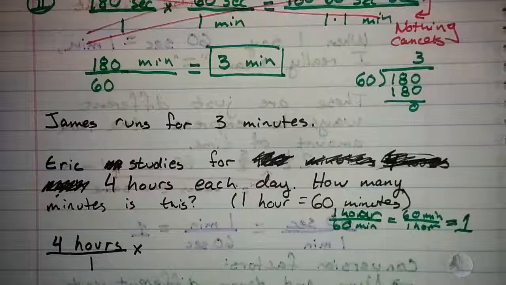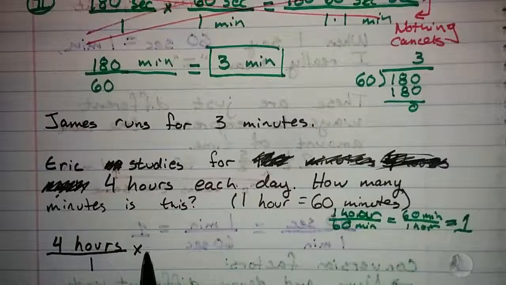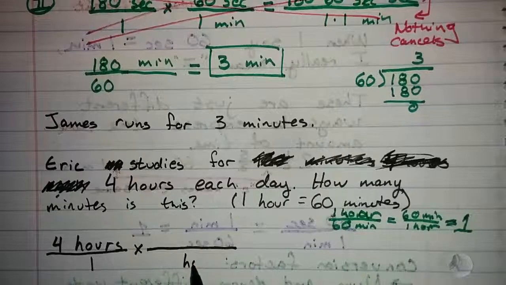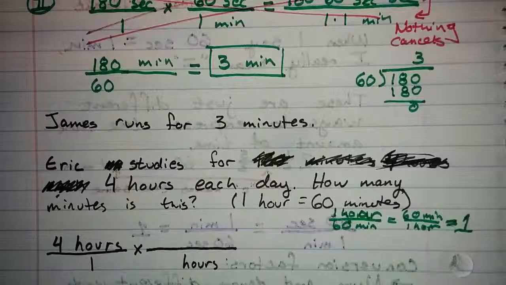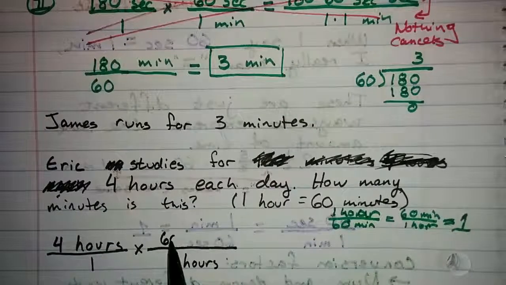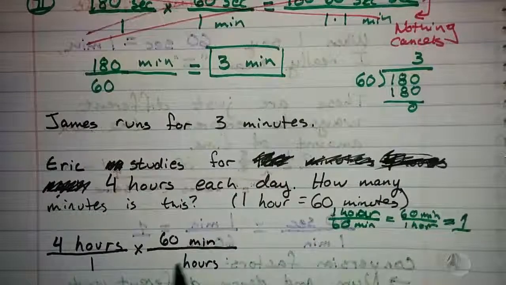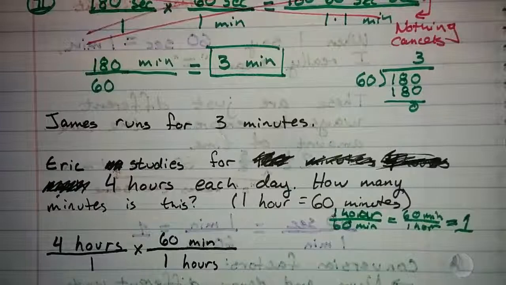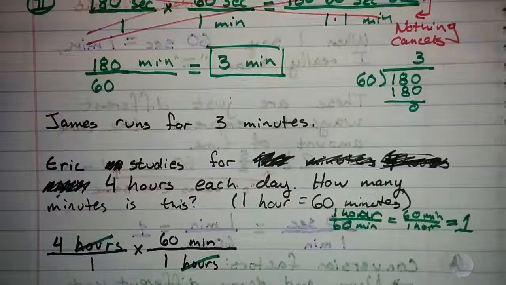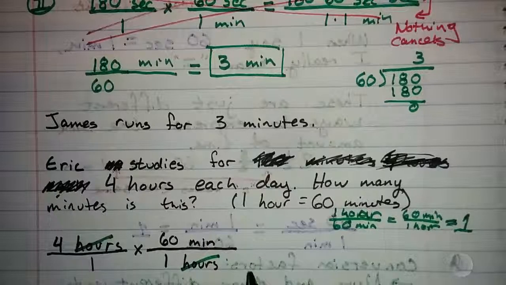Well, we would like, after we multiply, for hours to cancel out. So we're going to write hours in the denominator, which means that we want 60 minutes over 1 hour. Notice that indeed, after we multiply, hours will cancel and we'll be left with only minutes.